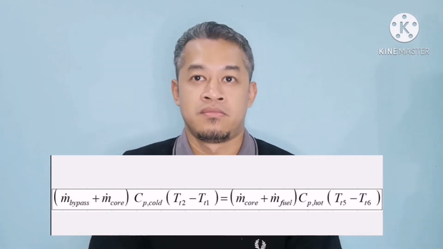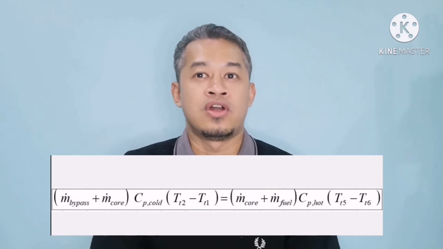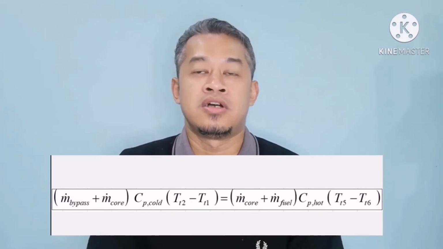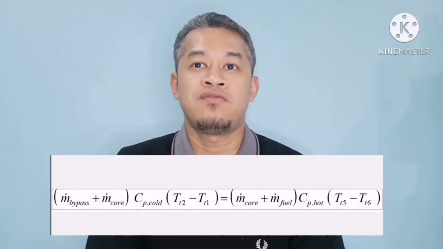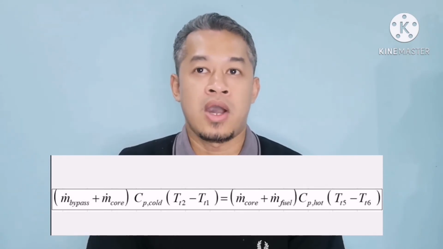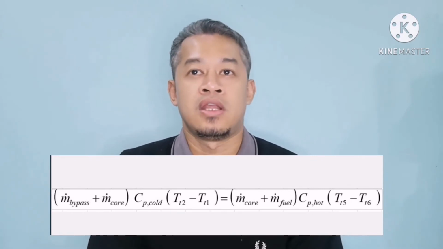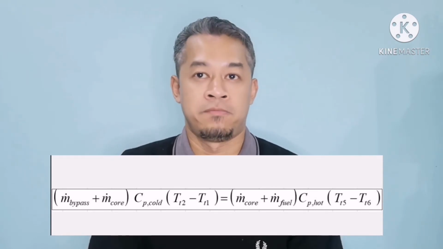Please pay attention that the mass flow rate for the cold section, which is at the compressor, is the combination of the mass flow rate from the bypass and the mass flow rate of the air. While at the hot section, which is at the turbine, the mass flow rate is the combination of the mass flow of air plus the mass flow of fuel.